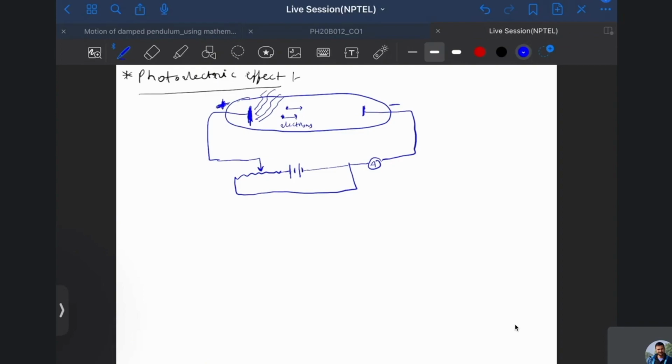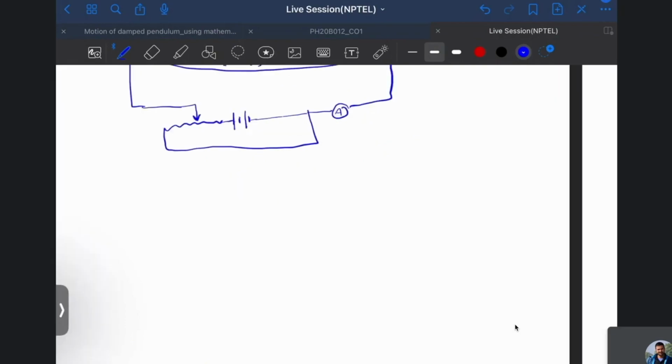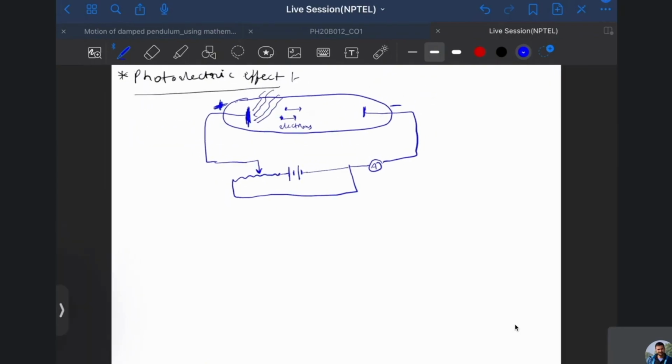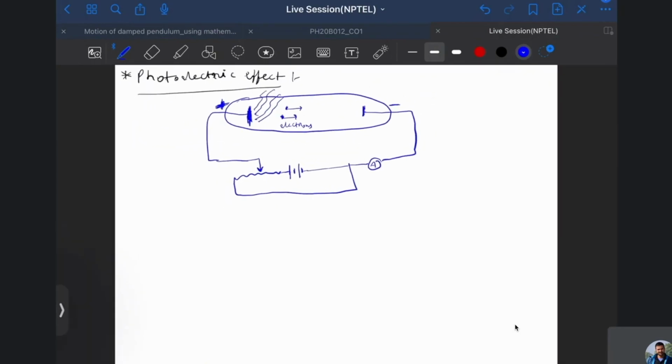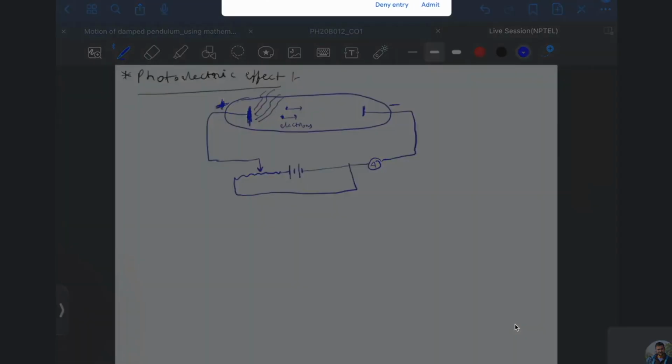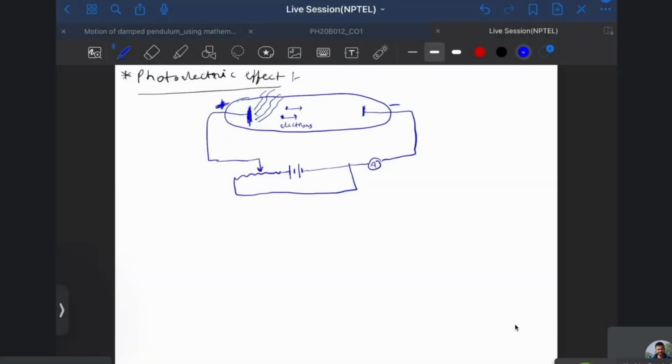But you see, electrons are negatively charged, and this cathode is also negatively charged. So the electron should have a maximum kinetic energy to reach here; unless it has sufficient kinetic energy, it will not reach the cathode plate and you will not get a current.